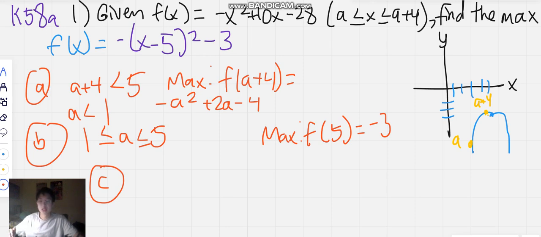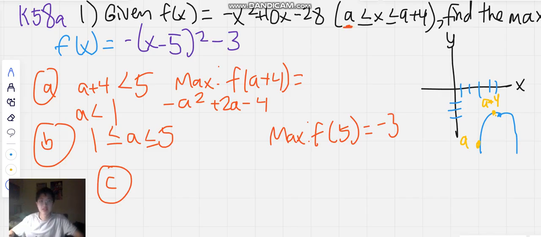And then we need to say for scenario C, when is our maximum going to be a different thing. In this case, we know that the maximum can be f of a at sometimes. So when was the maximum f of a? The maximum was f of a as long as the left-hand side of the interval, which is a, was greater than the axis of symmetry, which is x is equal to 5.